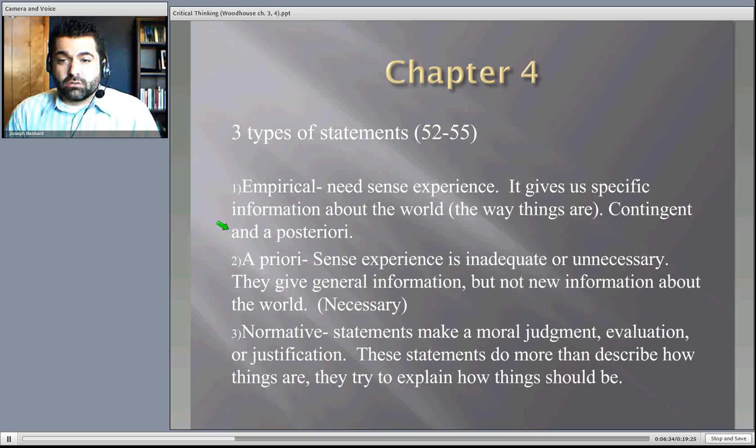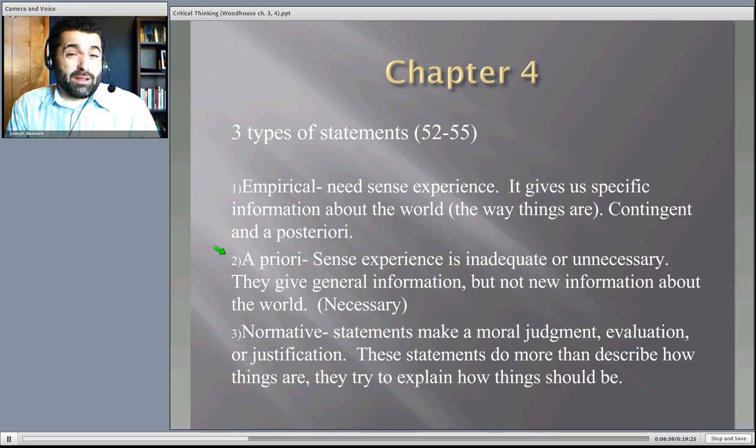Before we do, a couple of features. A priori claims do not need sense experience for their truth. Sense experience might help us come to them, but sense experience is often unnecessary or at least inadequate, right, to justify a priori claims. A priori claims often give us very generalized information.